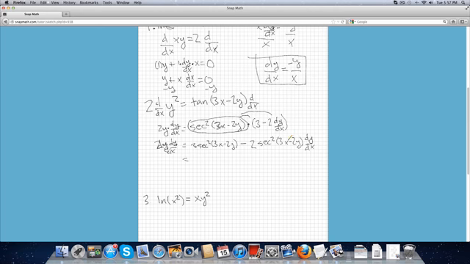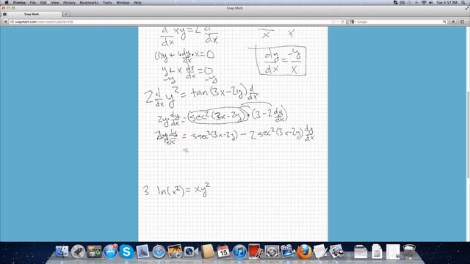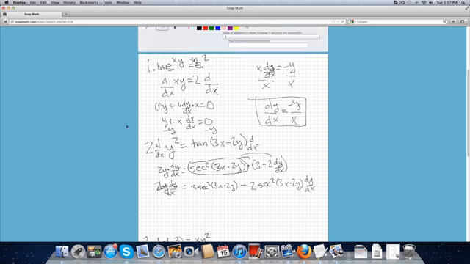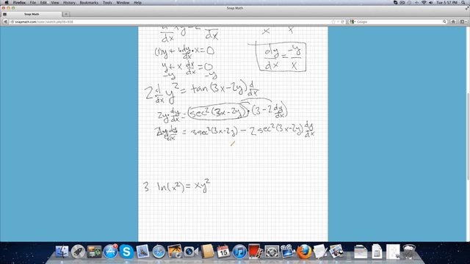And then what we need to do, actually, I don't want that equal sign right there. We want to have this equal sign right here. I'm going to add this 2 secant squared to both sides. So what we get is 2y dy/dx.